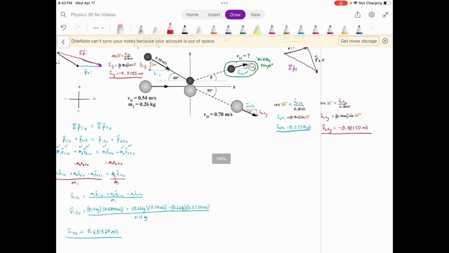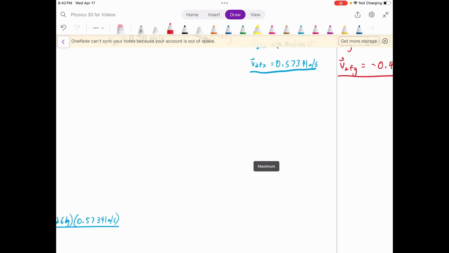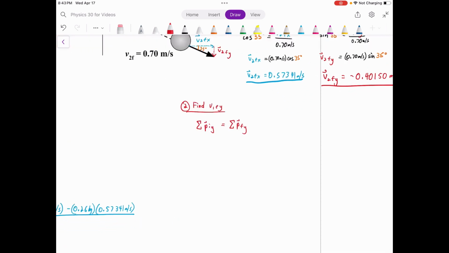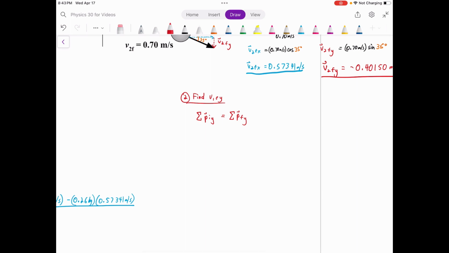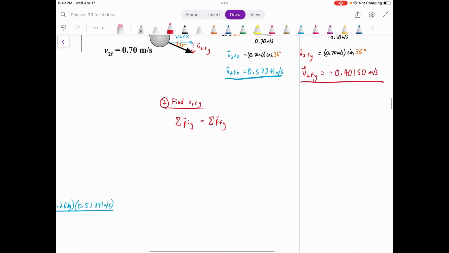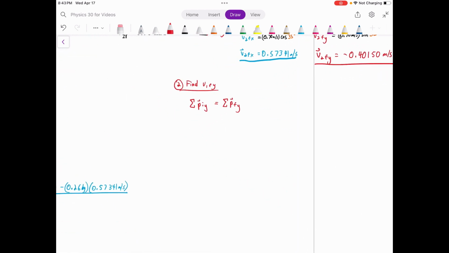So let's jump into doing that now, here where I have some room. Total initial momentum in the y-axis will equal total final momentum in the y-axis. Start basic: we had two objects initially and two objects finally, so add up their y components before, and you've got the initial total y momentum. Add them up after, and you've got the final total y momentum.